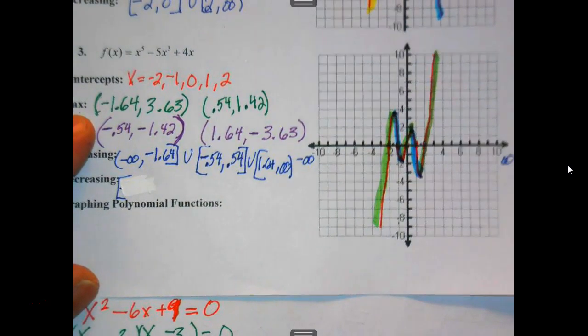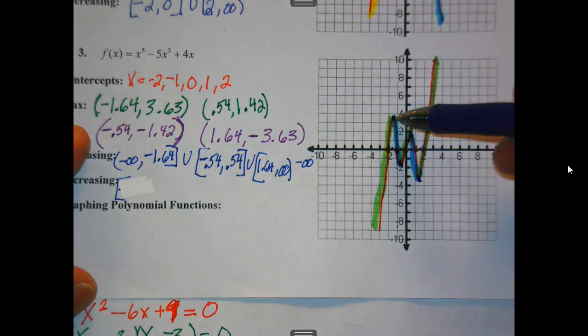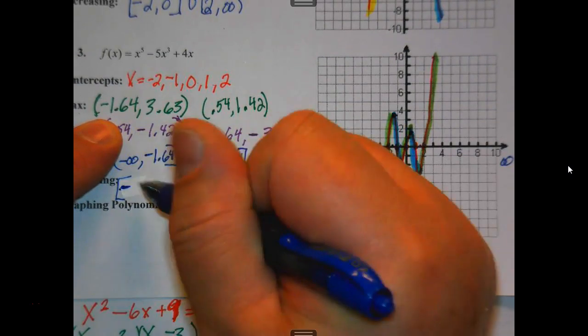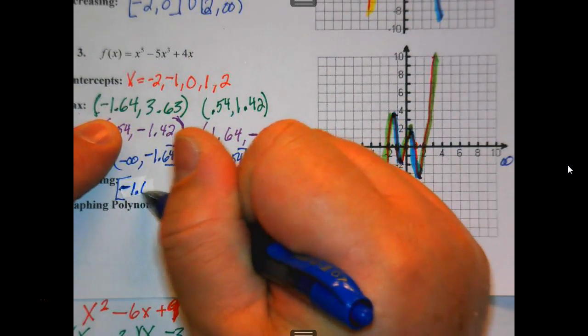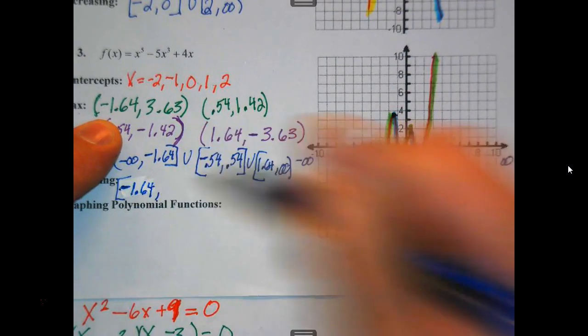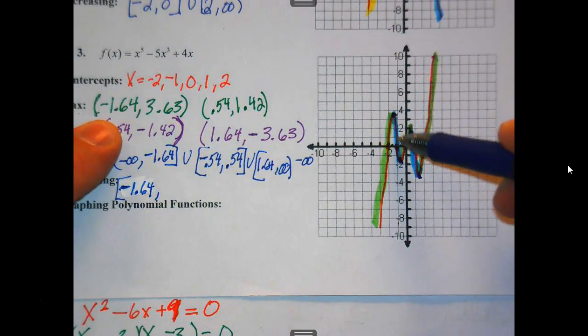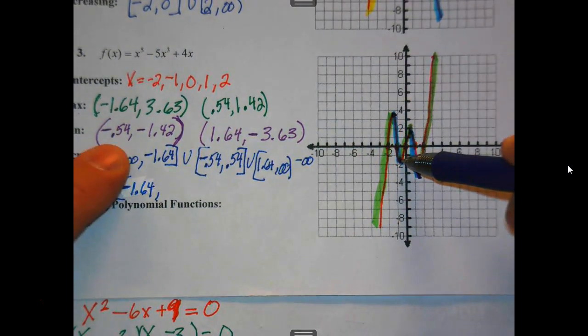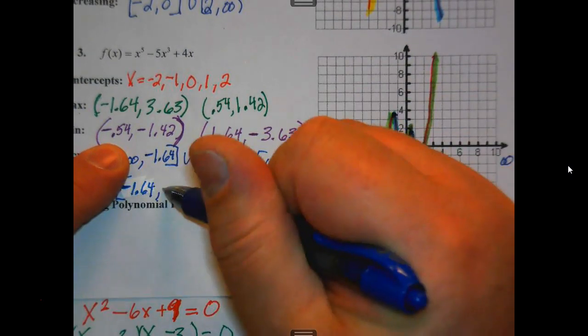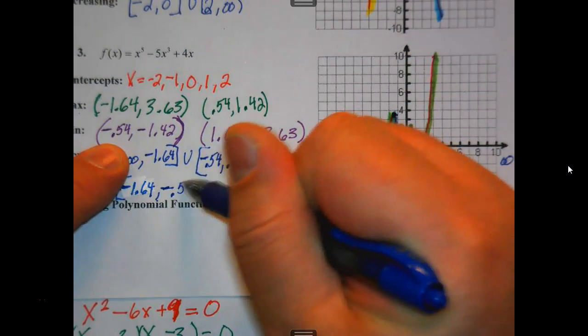Okay. I'm starting at the x value of my maximum, negative 1.64. Okay, and then I decrease to the x value of my minimum. That's negative 0.54.